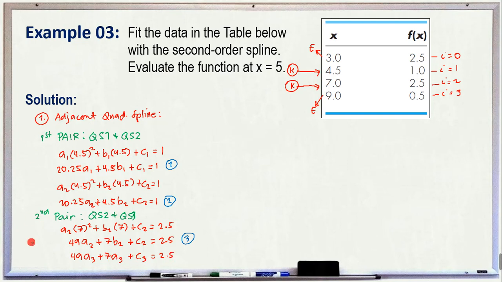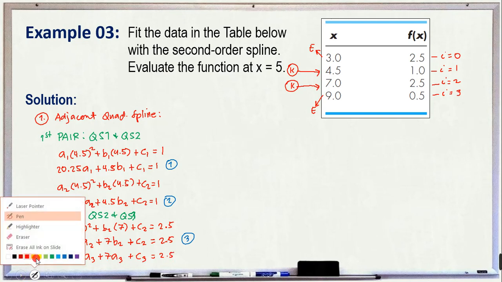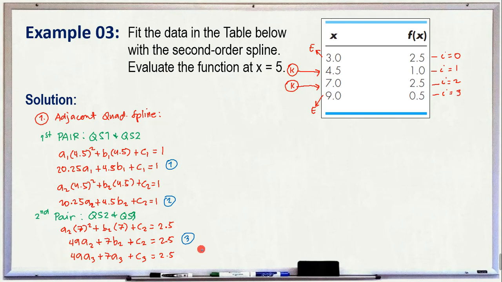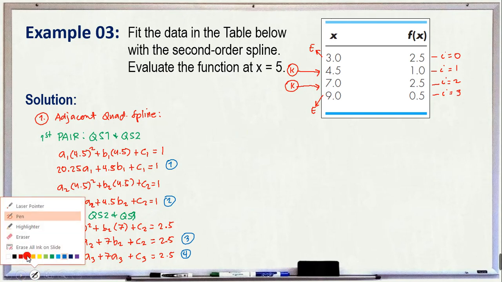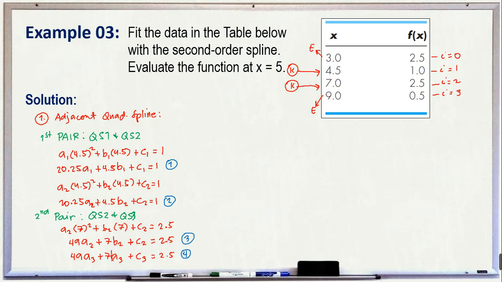And this is now our fourth equation. So, ikaapat nga equation. Now, sorry. This is b sub 3. So, thank you. This is b sub 3. Okay, salamat. So, 7b sub 3.